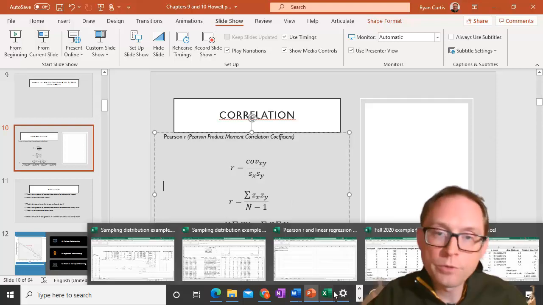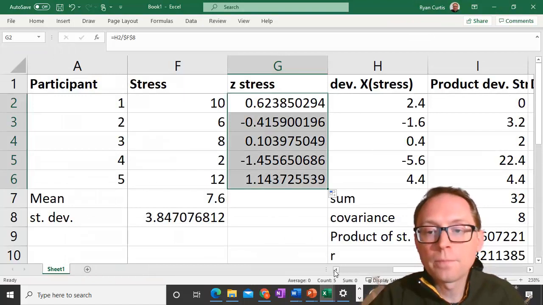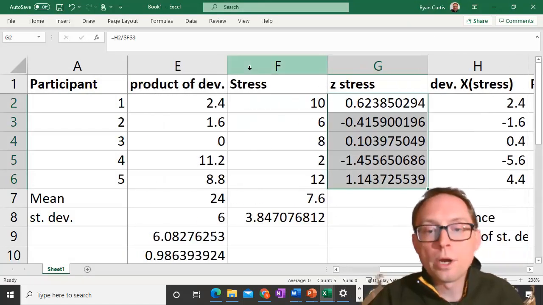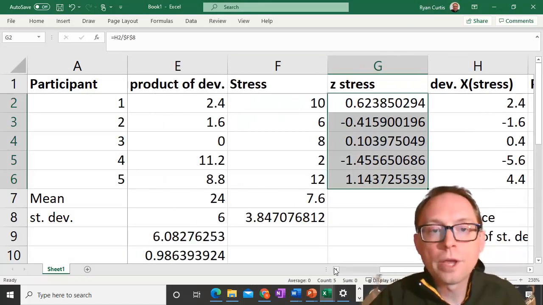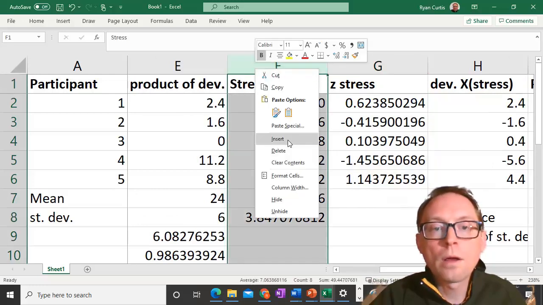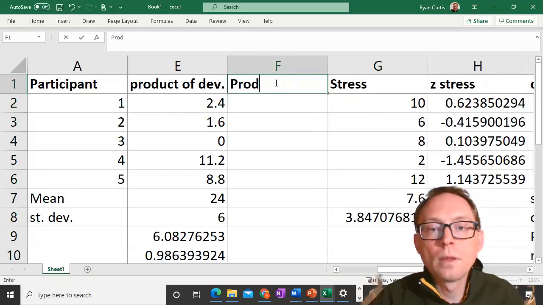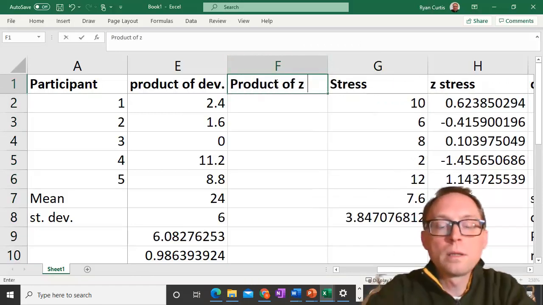So let's go back to our data. We are going to need to create a new column. Let's go right here. And we're going to call it product of z-scores.